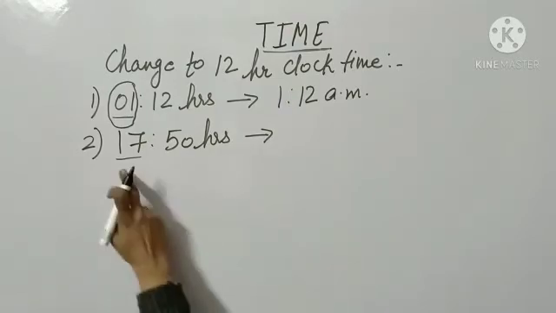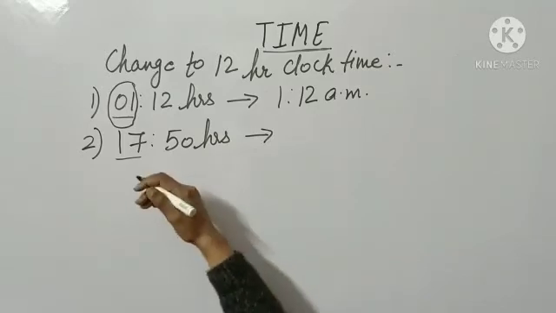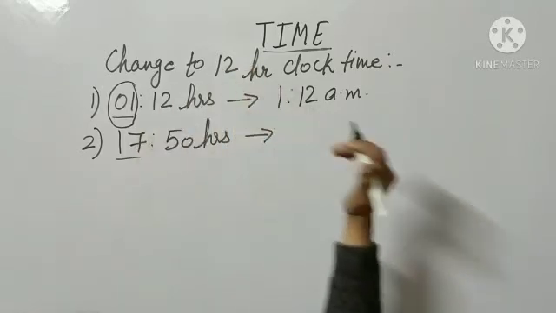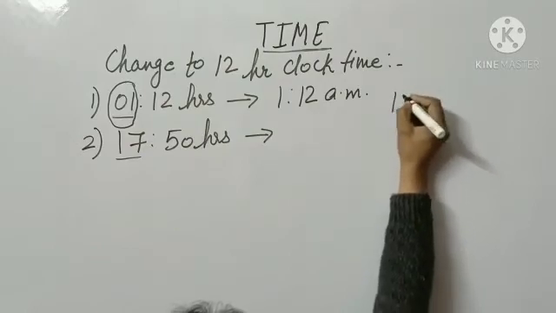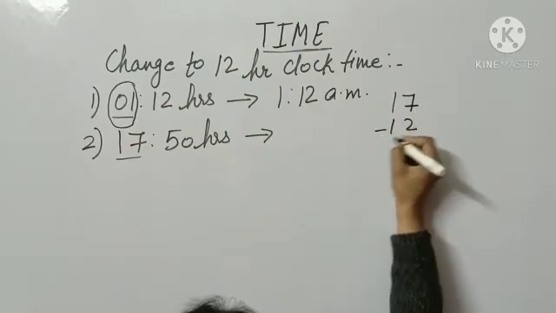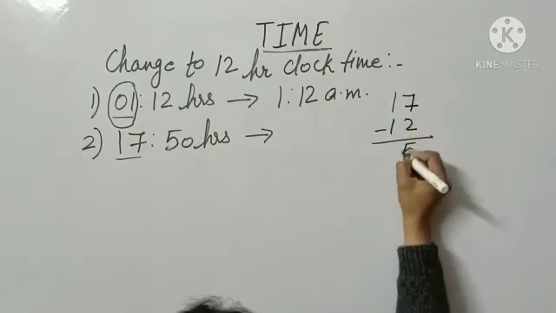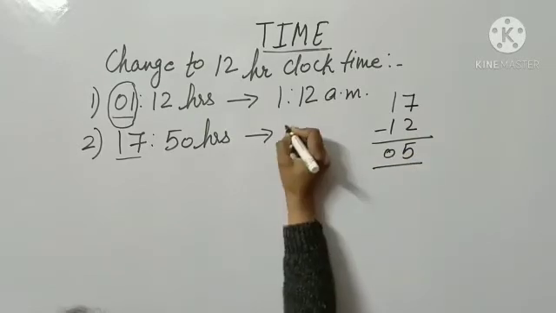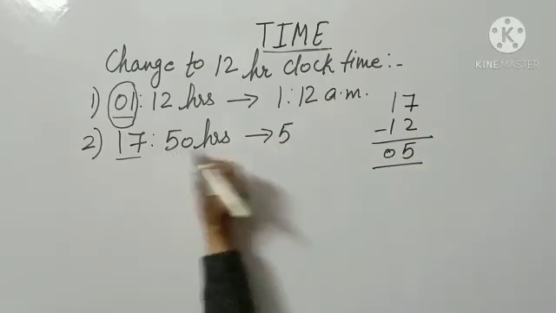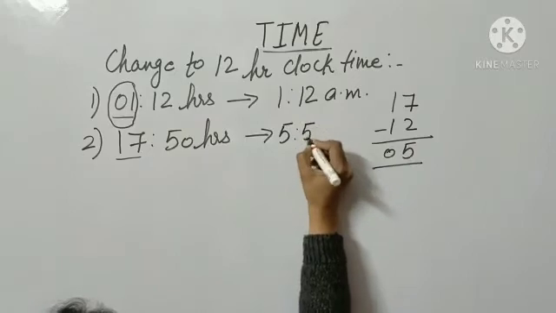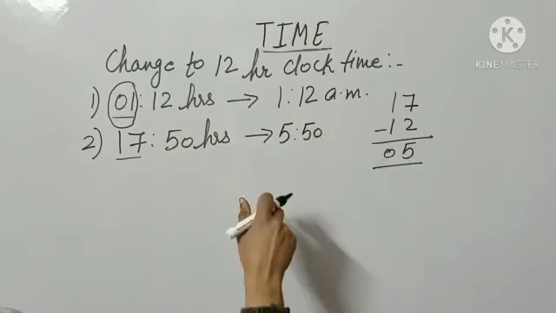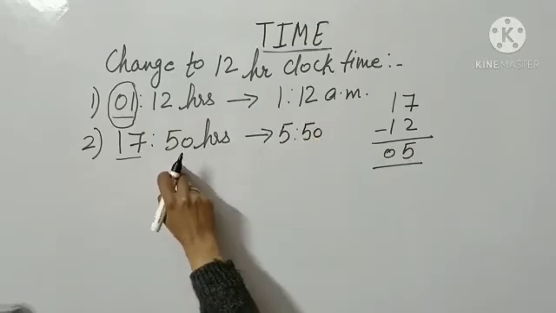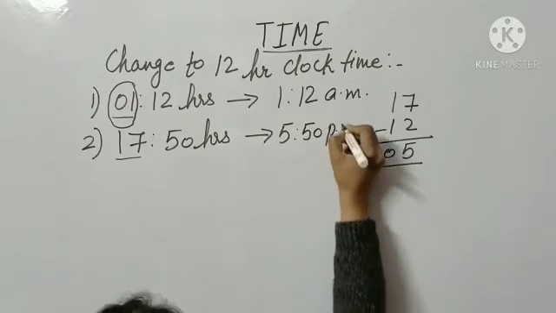So to represent this time in 12-hour clock time, we will subtract 12 from 17. 7 minus 2 is 5, and 1 minus 1 is 0. So 5 I got. And minutes I will copy as it is. And since I have subtracted, that means this time is in PM.